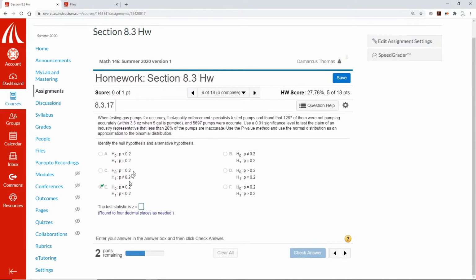Now, when we enter the information into our calculator, our X value, the number of successes that were inaccurate, is 1,287 out of the total 5,697. So this is our N. And then our alternative will be that it is less than 0.2. And then you'll get your test statistic and your p-value.